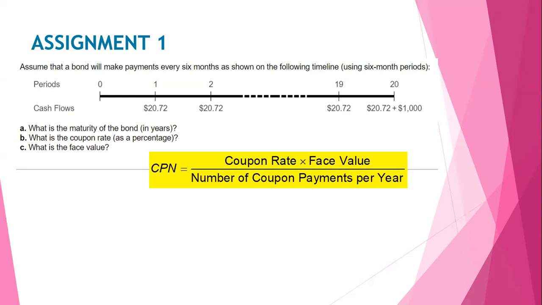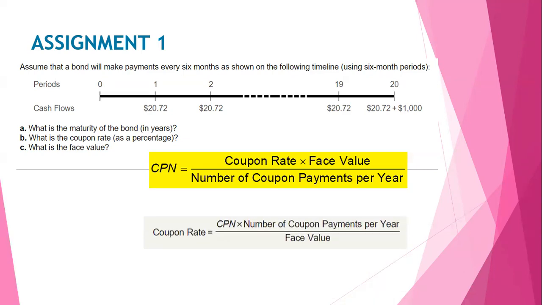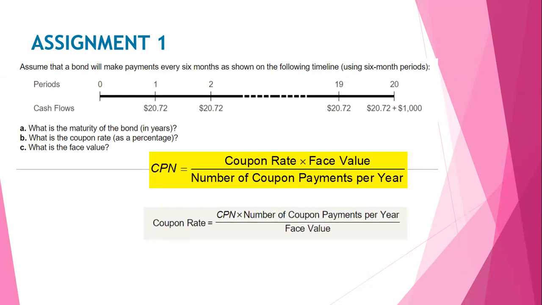What is the maturity of the bond? The maturity of the bond is 10 years.